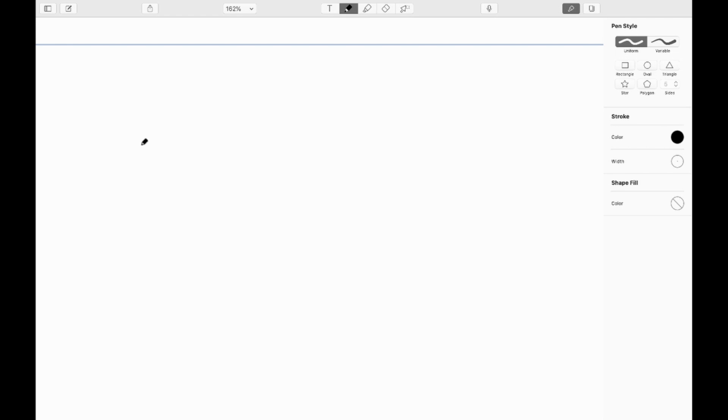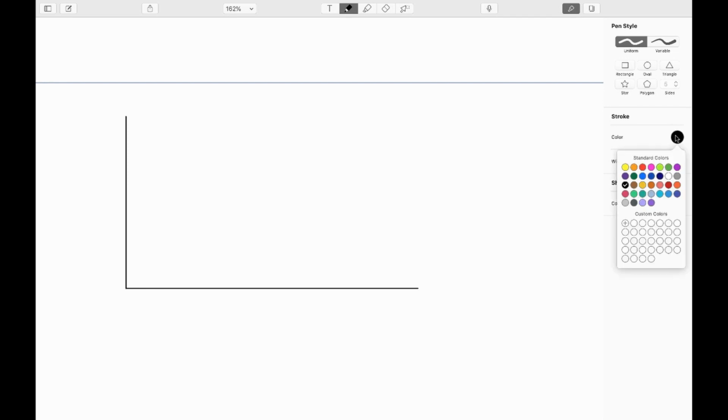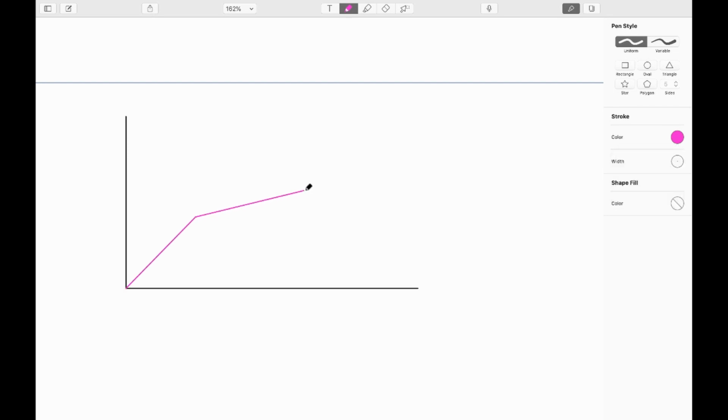But if I have a graph of position versus time, say something like that, as long as I've got segments that are straight lines, I know how to find the average velocity in any of those segments.